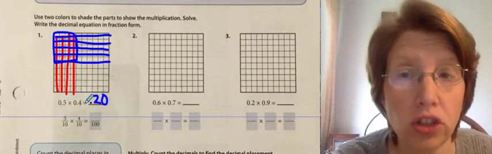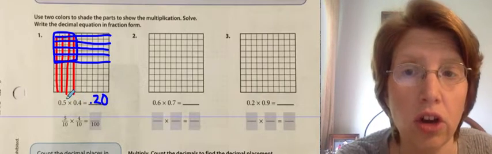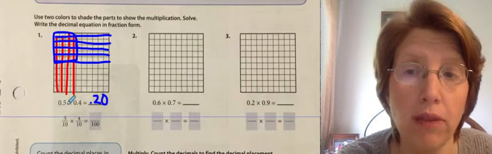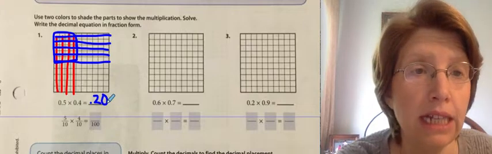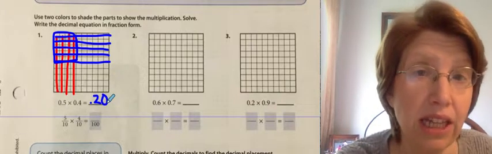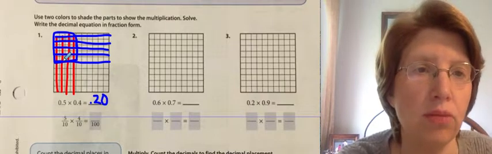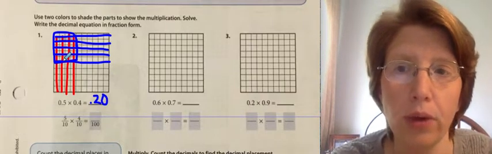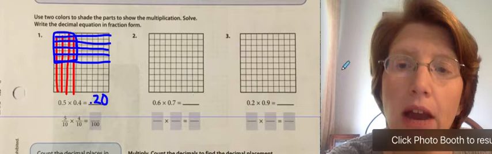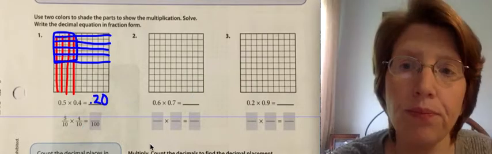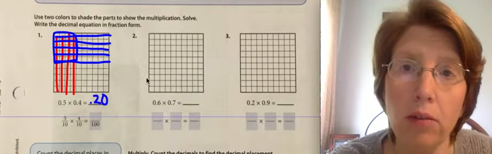Now, if I were to just look at the fraction or the decimal, could I have multiplied 5 times 4 and just put it behind that decimal? Absolutely, okay? But they're wanting you to see the picture here so that you can make the connection in your mind of why it works that way, okay? Now, here's also the connection to the fraction. So we know how to multiply fractions.